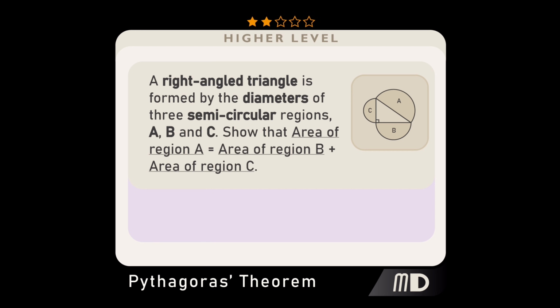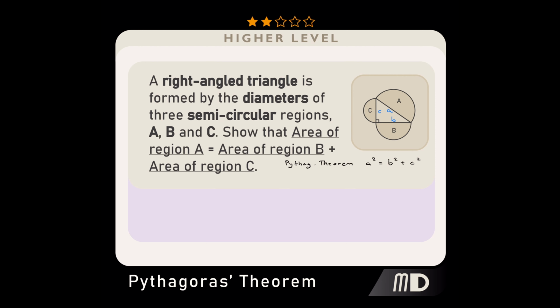The relationship between each side of the right-angled triangle is given by Pythagoras' theorem, which states that a squared is equal to the sum of b squared plus c squared, where a is the longest side, the hypotenuse, and b and c are the 2 shorter sides.